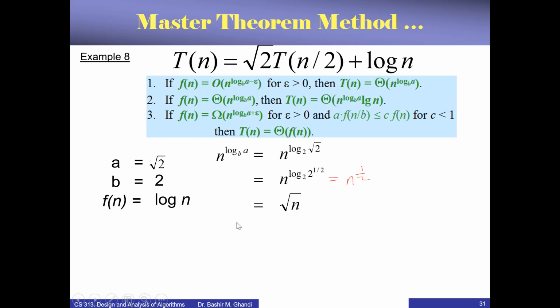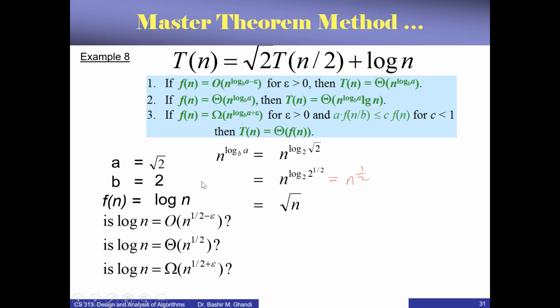Alright, so this time it is n to power log of a to base b that is bigger, and therefore it is going to be our running time. So the conclusion is it is case 1, and the running time is going to be theta of square root of n, which is equivalent to our n to power log of a to base b.